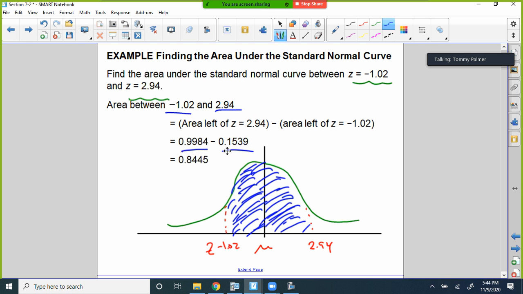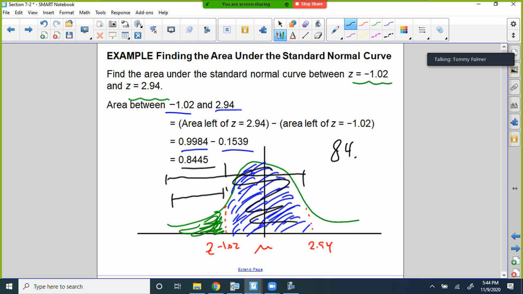So this is from here to there, and then this is from here to here. If we subtract these, then we're left with what's in here, right? Which is 0.8445, which is 84.45% probability.